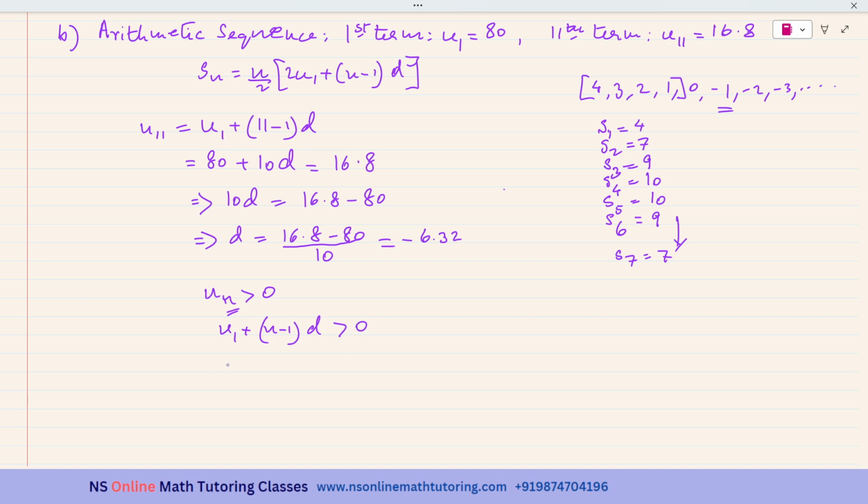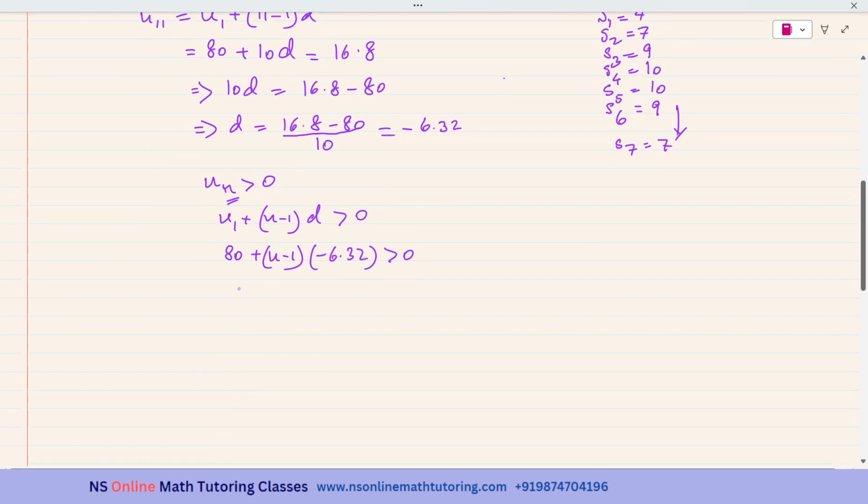And u1 is 80, plus n minus 1 times negative 6.32, is greater than 0. So n minus 1 times negative 6.32 is greater than negative 80.